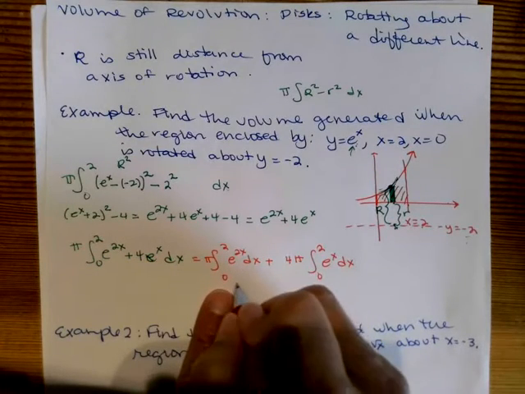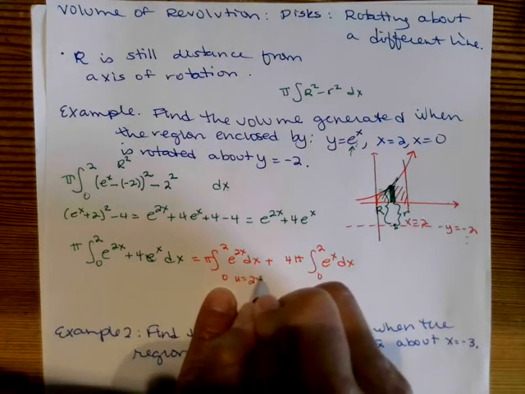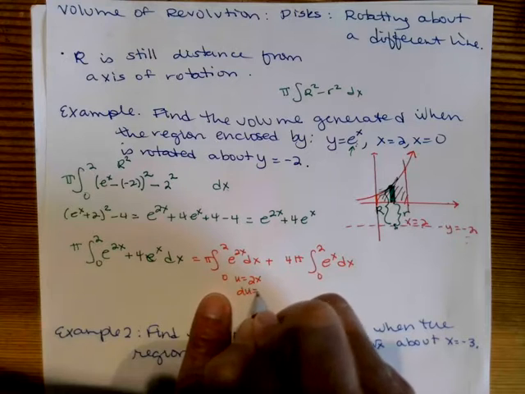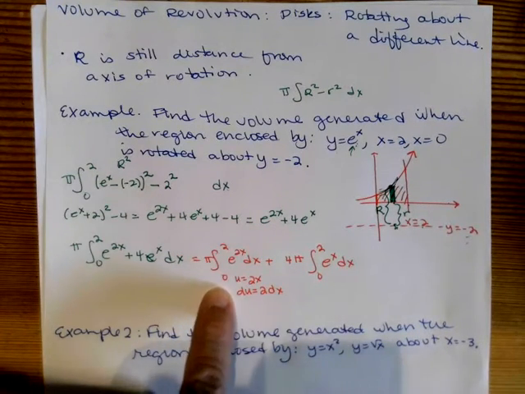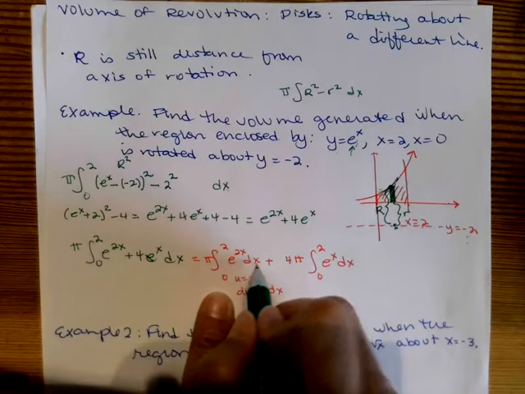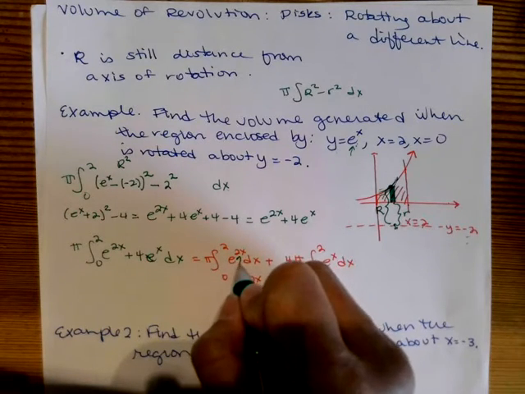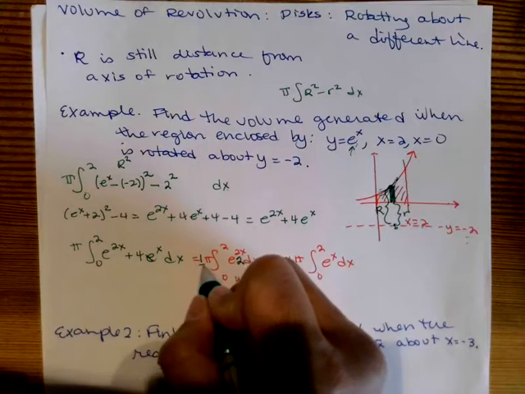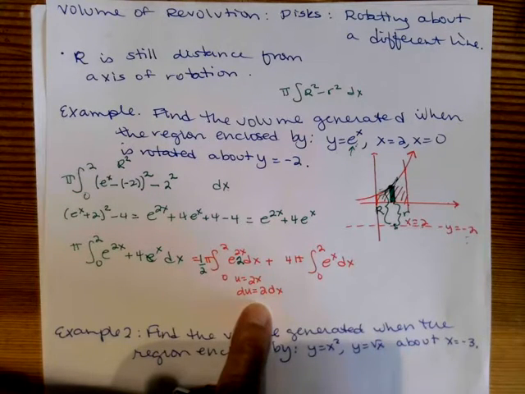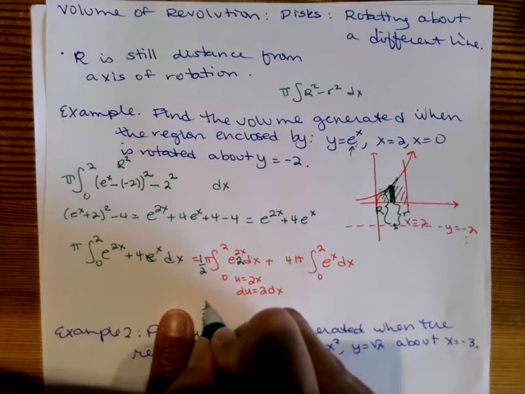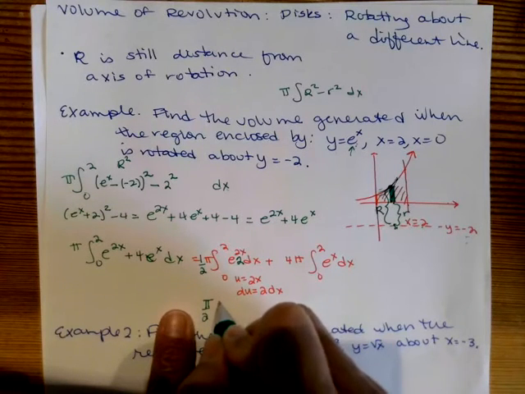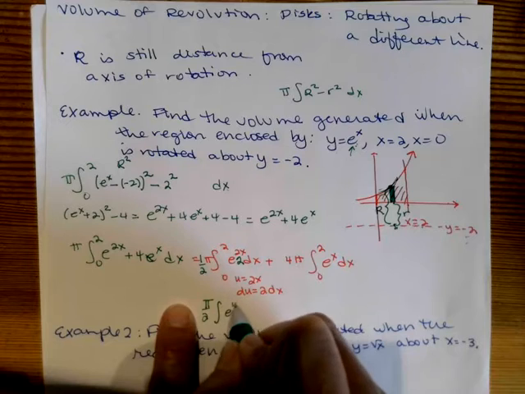In this first one, I'll let u equal 2x, so du equals 2dx. I've got my dx, so I need the 2. I'm going to stick a 2 there and a 1/2 out in front. So now I have pi halves, integral of e to the u du.